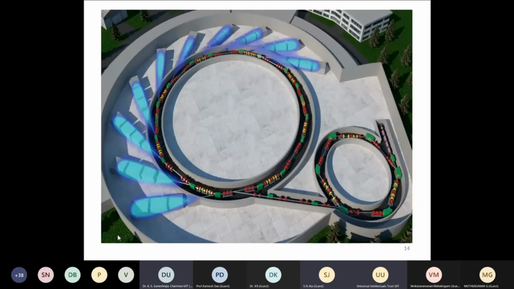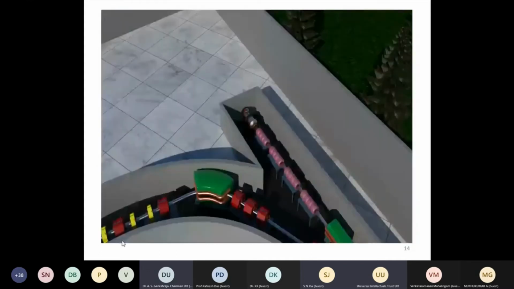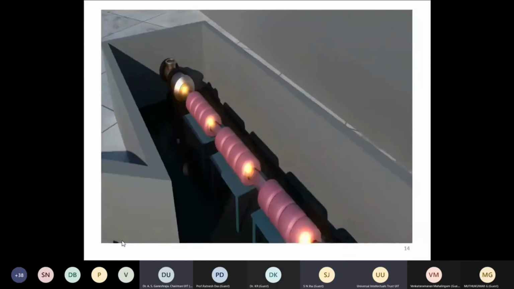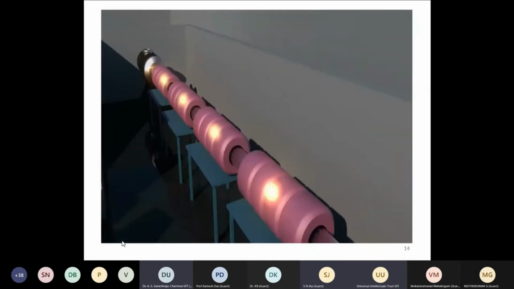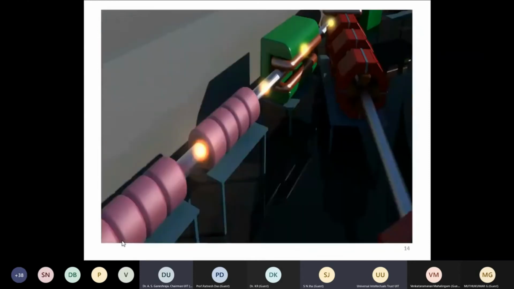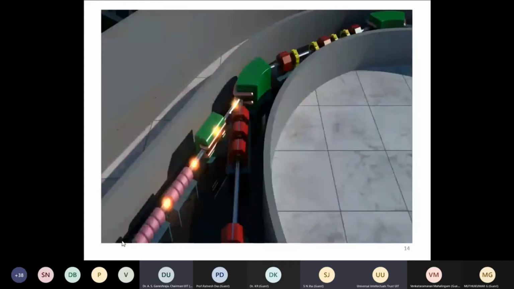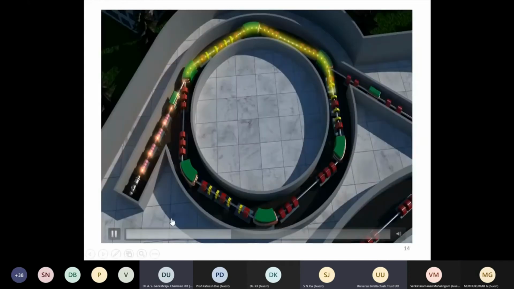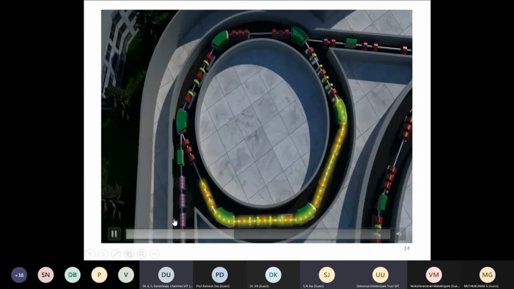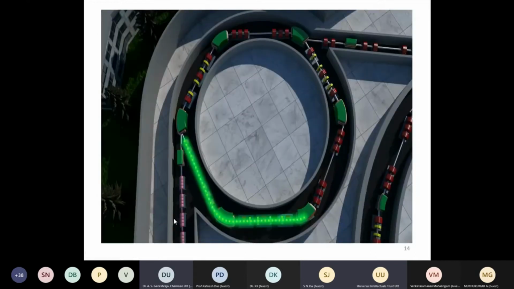In a synchrotron radiation facility, electrons emitted by an electron gun are first accelerated in a microtron or linear accelerator, after which they enter a circular accelerator called a booster synchrotron. Here, the energy of the electron is boosted up to high speeds, approaching the speed of light.